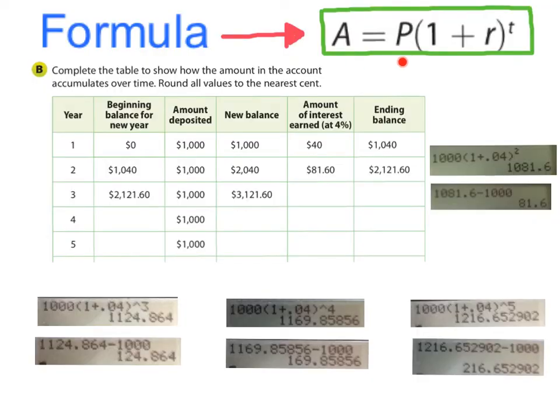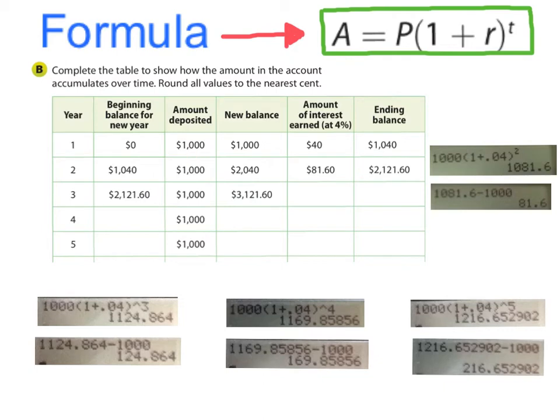I have my formula up here for compound interest. Capital P, the original amount or the principal, times 1 plus the interest rate as a decimal with an exponent for however many years it is. So in our table, they've already filled out a few rows for us. First row, completely filled out. He put $1,000 in the account.